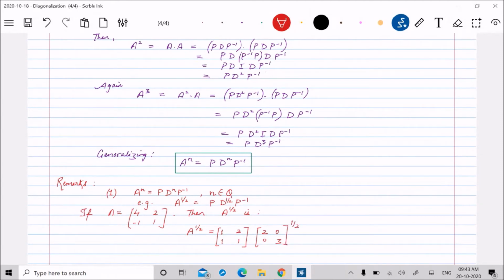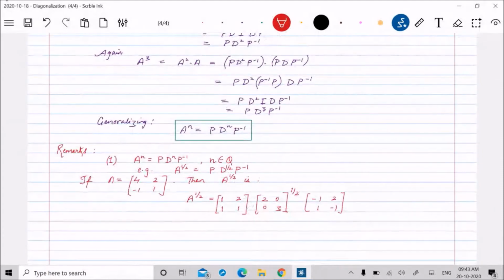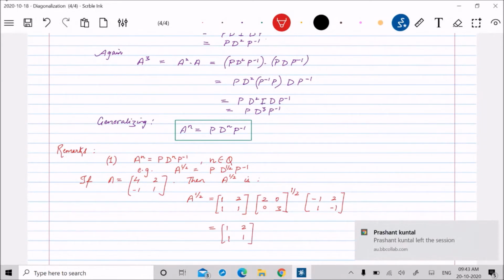And P inverse was minus 1, 2, 1. Now we have to multiply them, but before multiplication we should take this square root onto the individual elements of the matrix. That will give you square root of 2, this is 0, this is 0, this is square root of 3.